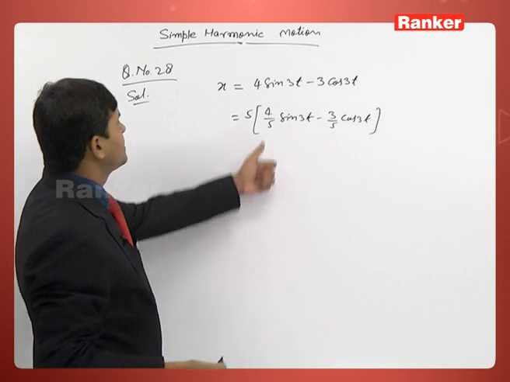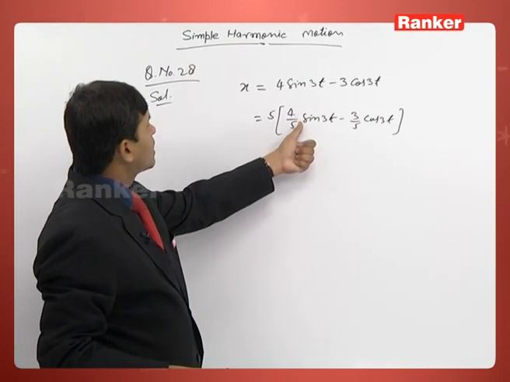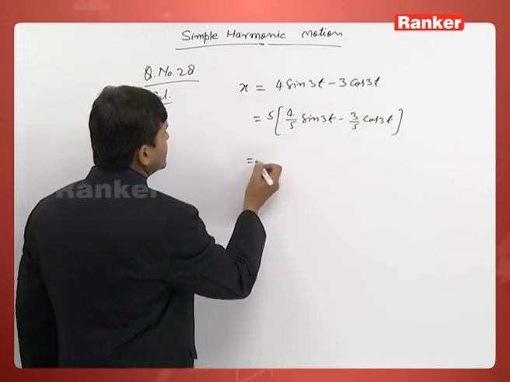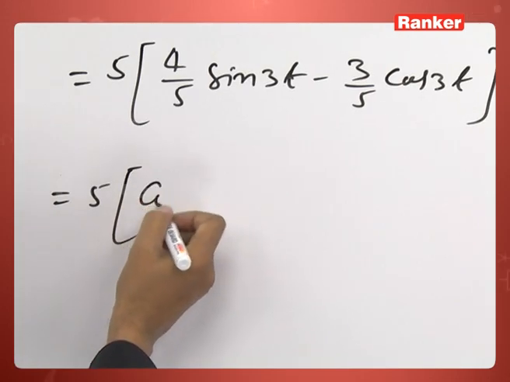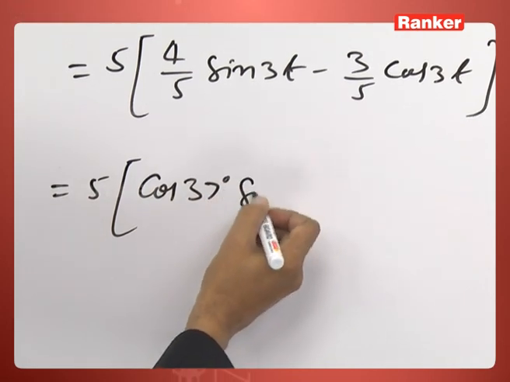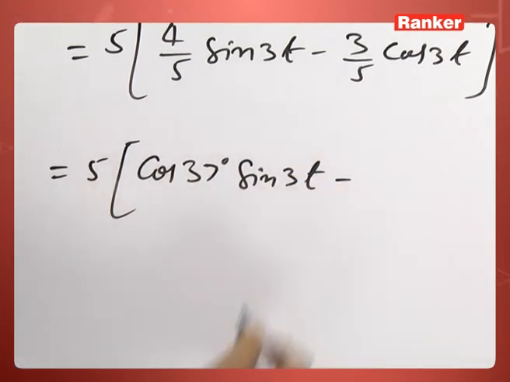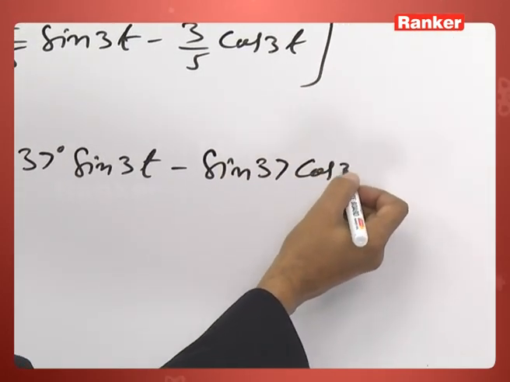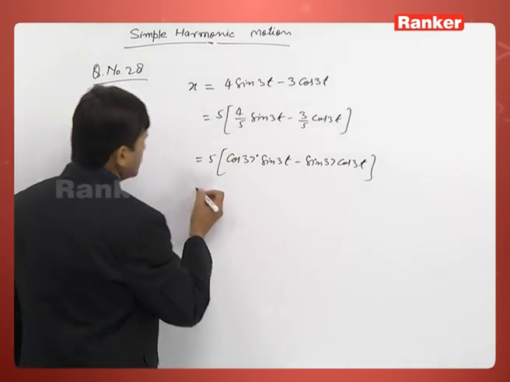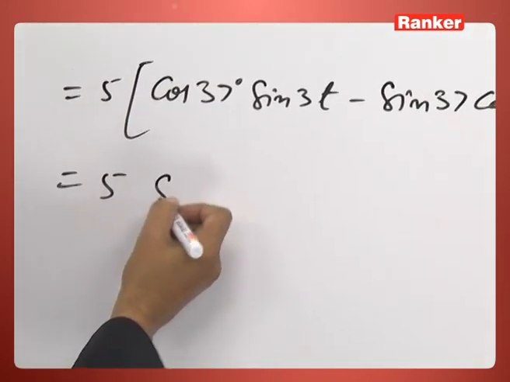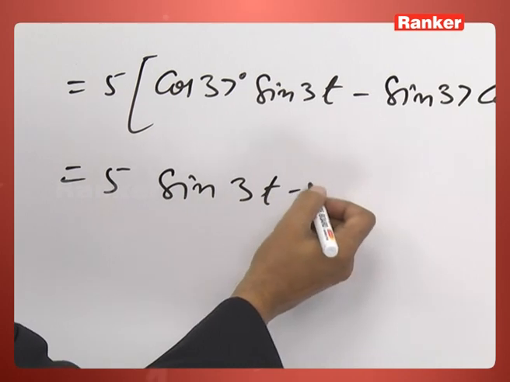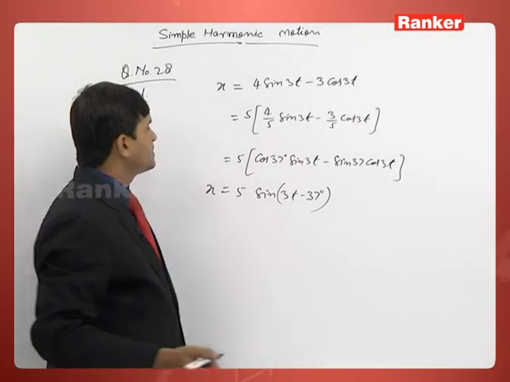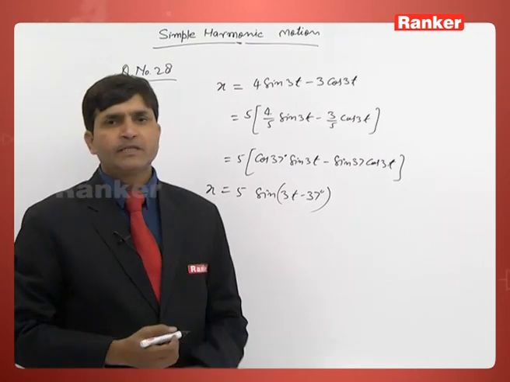4 by 5 is sin 53 or cos 37, and 3 by 5 is sin 37, so that can be written as 5 into cos 37 sin 3t minus sin 37 cos 3t. So this is nothing but 5 sin of 3t minus 37 degree. This is the displacement of the particle.